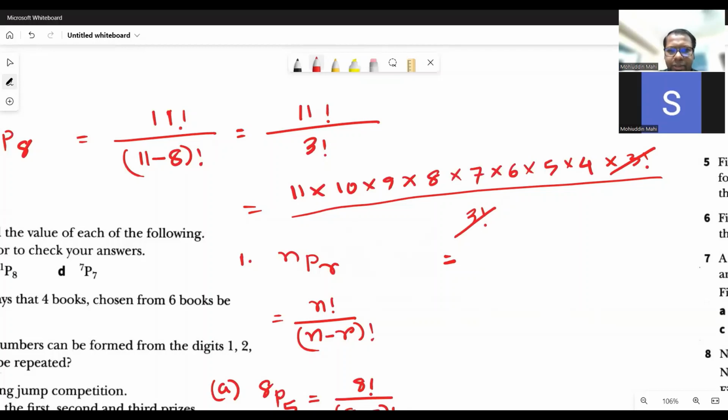If we solve it, the answer is going to be 6652800.